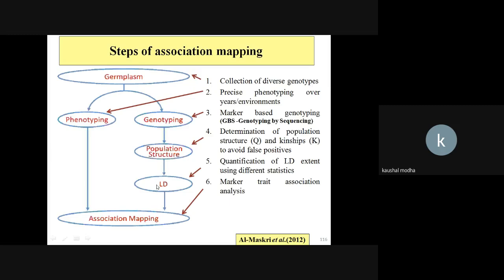And then we associate this LD map data with this phenotype. So we perform association mapping and we identify the polymorphisms which are associated with particular phenotype. Now, this phenotype may be qualitative trait, quantitative trait, any trait.